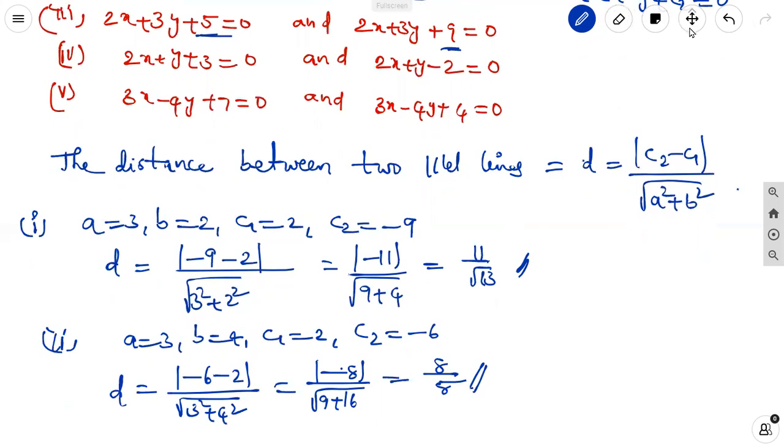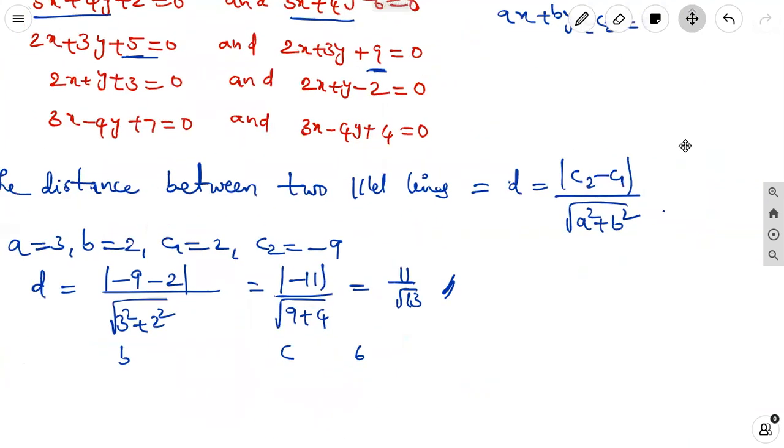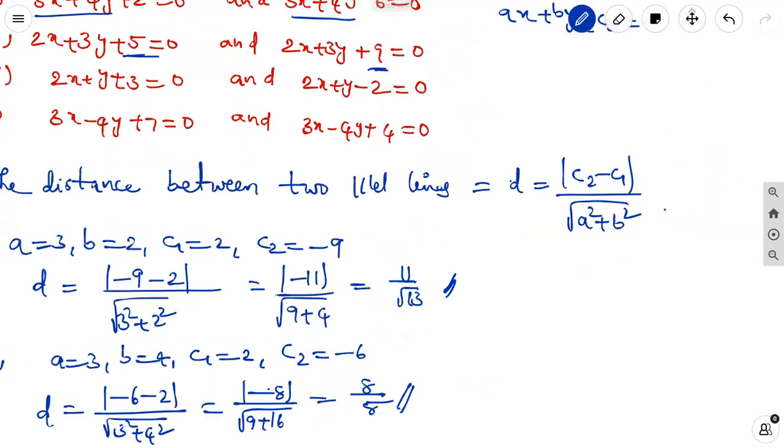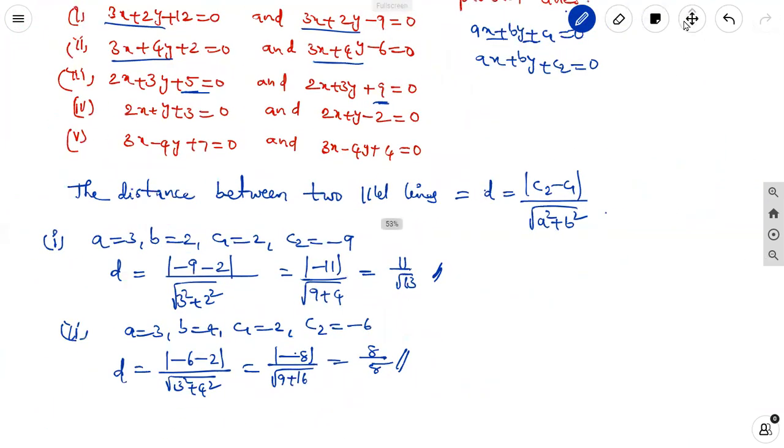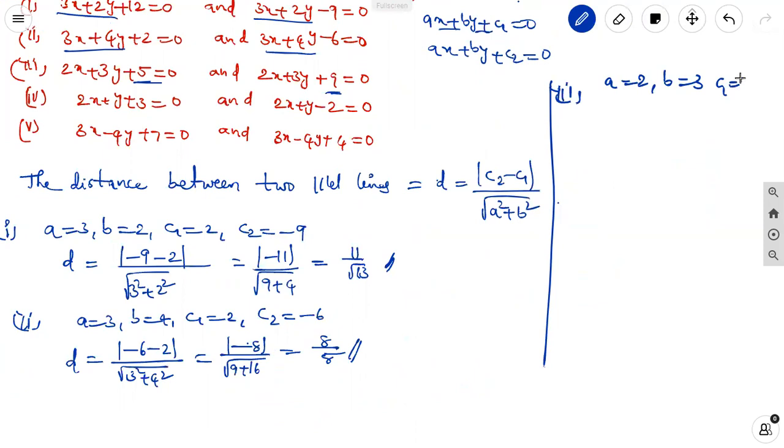For the third one, a equal to 2, b equal to 3, c1 equal to 5, c2 equal to 9.